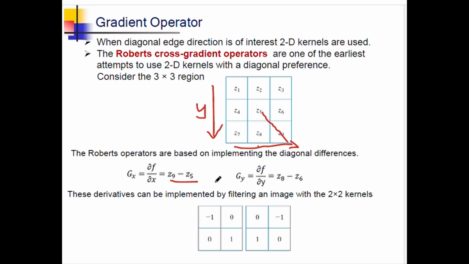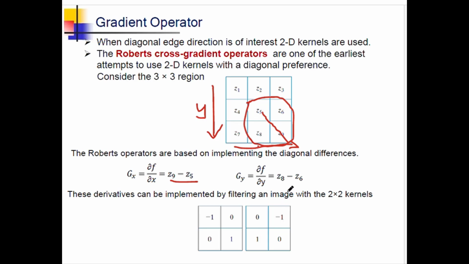You can generate kernels for these two equations like this. The first one is Z9 minus Z5; this whole part is your 2D kernel. Z5 is minus 1 and Z9 is plus 1. The remaining are zeros because you want to find the edge only in this diagonal direction.